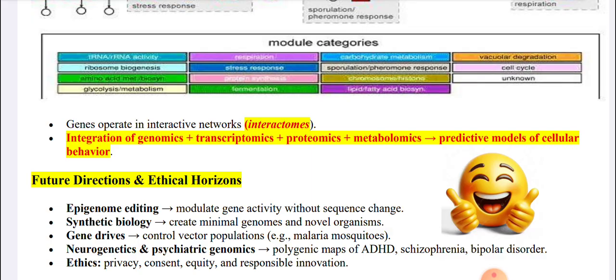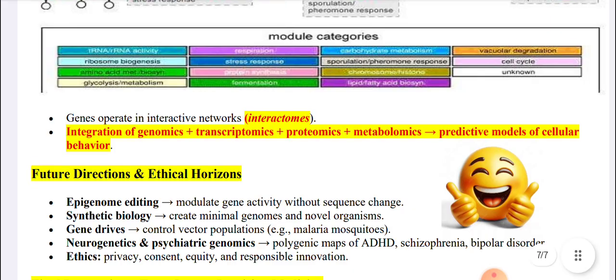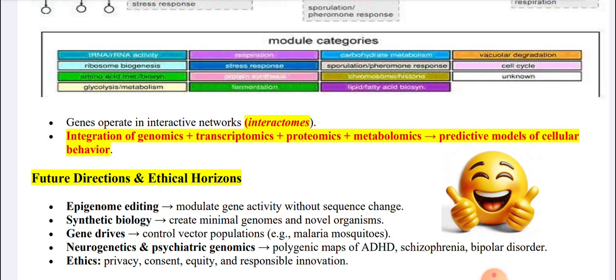We also can't ignore the brain. Neurogenetics is trying to unravel the genetic basis of complex psychiatric conditions. Yes, and this is incredibly challenging because disorders like ADHD, schizophrenia, autism, bipolar disorder, they aren't caused by single Mendelian genes. They are highly polygenic. Hundreds of genes involved. Hundreds, maybe thousands of genetic variants, each contributing a tiny amount to the overall risk.